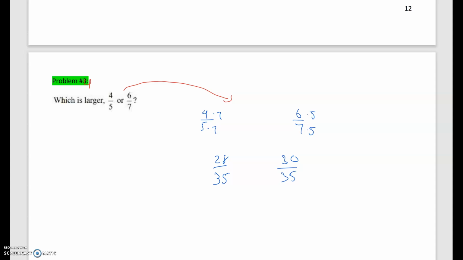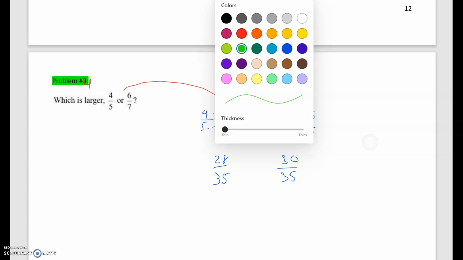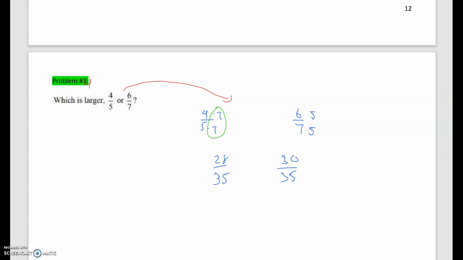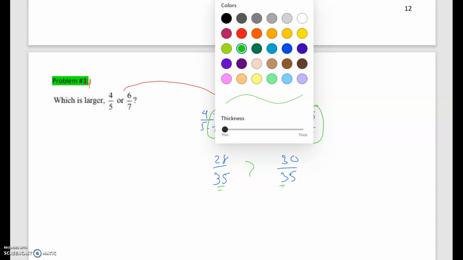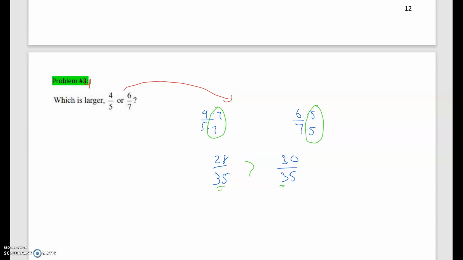So in this case, once we have an equivalent fraction, all I did was to find a common multiple that was equivalent to both of these. And in this case, 5 was the easiest one. As you read this one, 28 over 35 is less than 30 over 35. So therefore, as you write it in a sentence, you could say that technically 6/7 is larger than 4/5.